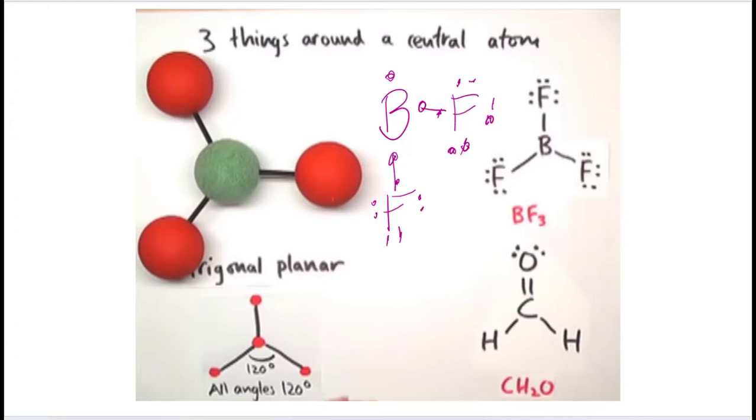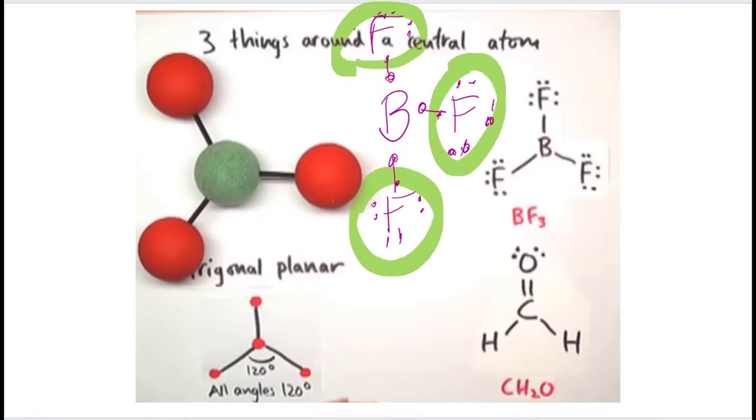So a bond there and a bond there, and another F up here. 1, 2, 3, 4, 5, 6, 7. So again, our electron dot diagram does not reflect its shape. Our electron diagram helps us to determine what the steric number is. And this allows us to see that there are 1, 2, 3 things around our central boron. So it has a steric number of 3.